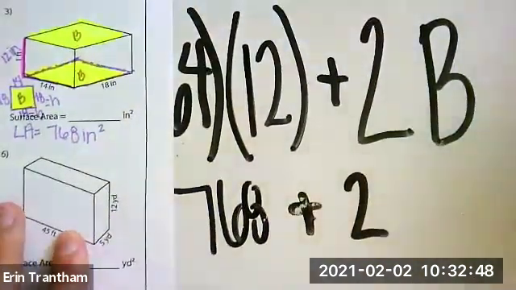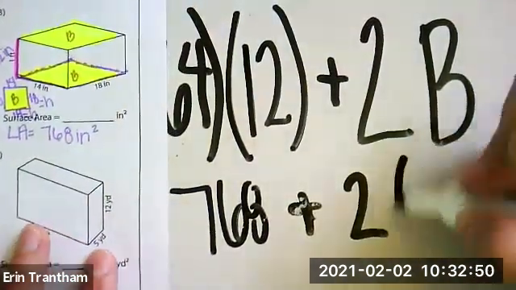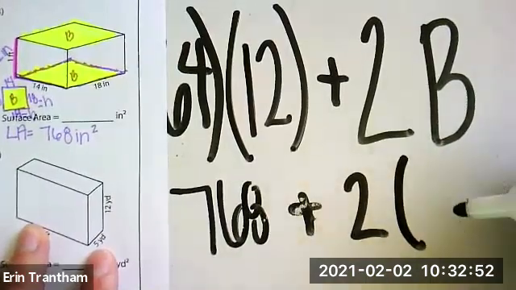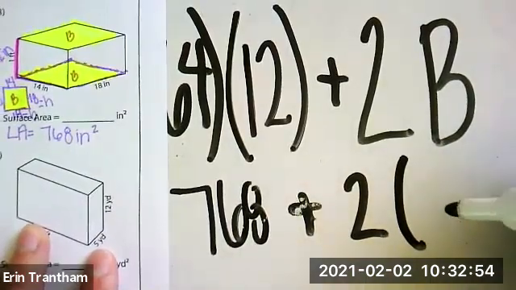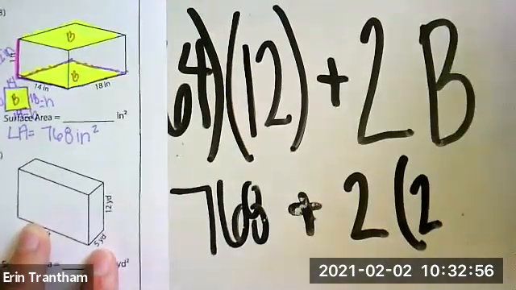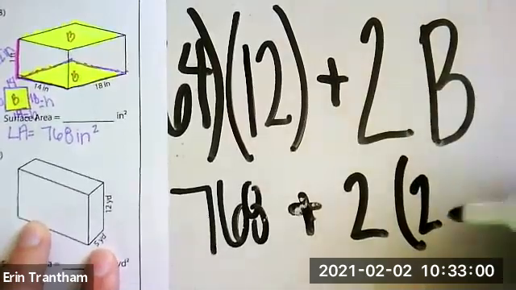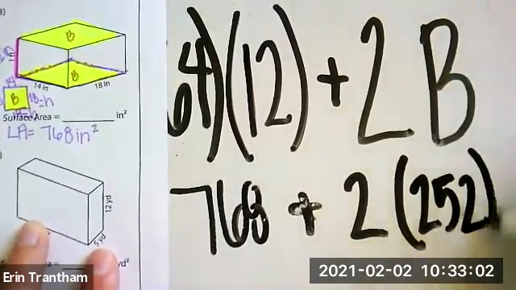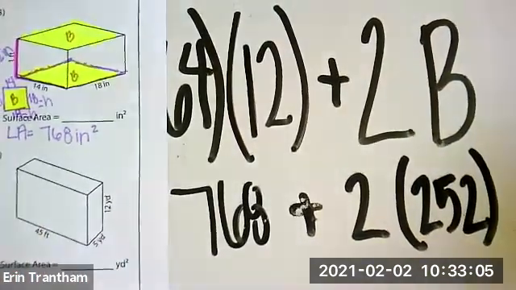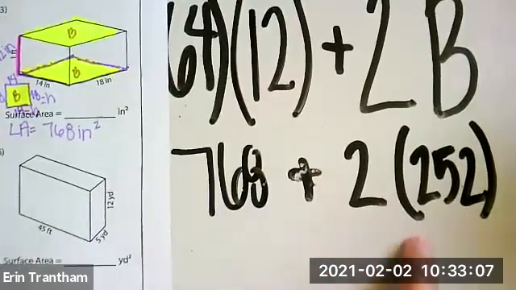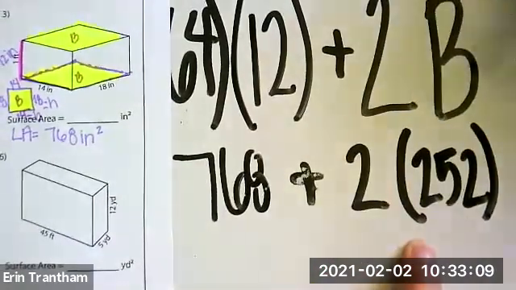So 14 times 18 is what? 252. Okay, so now we're going to add the lateral plus 2 times 252.